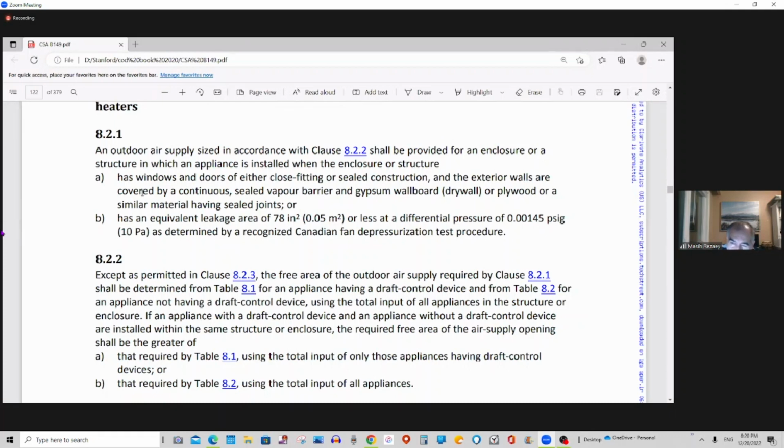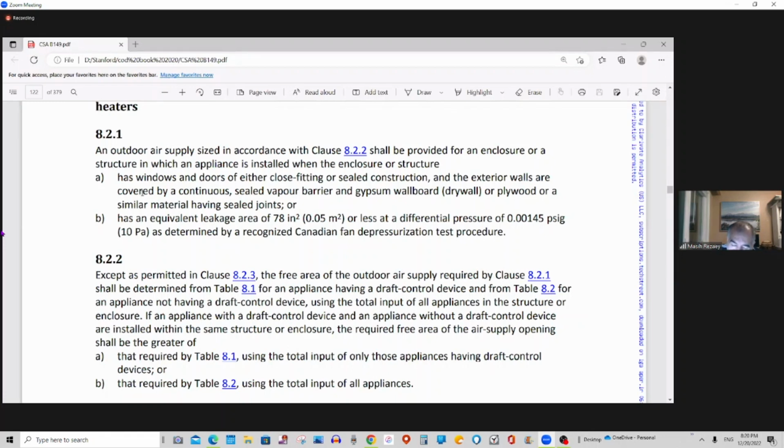So this type of structure means a tight house. All those new houses are considered a tight house. Please make sure you understand this one.